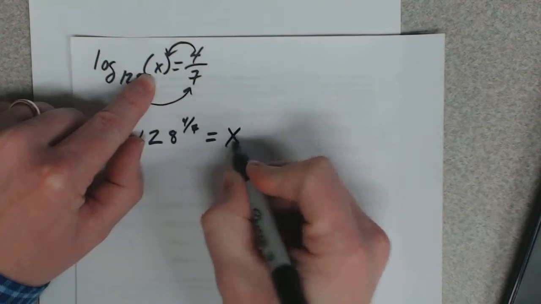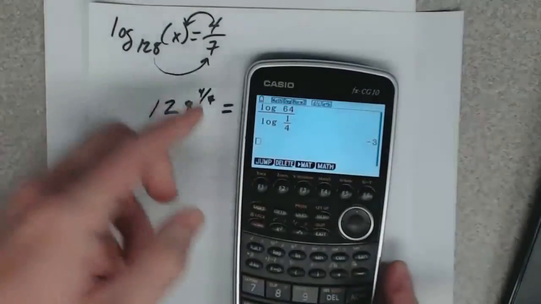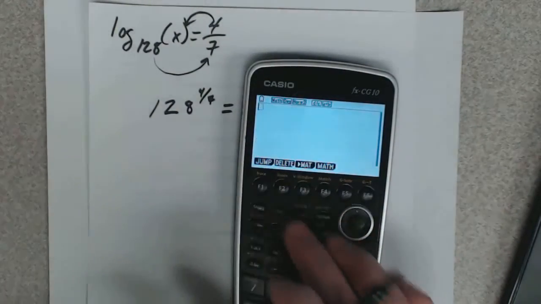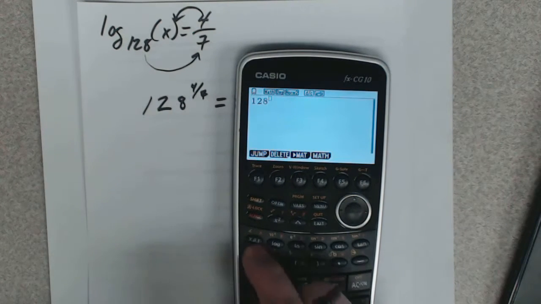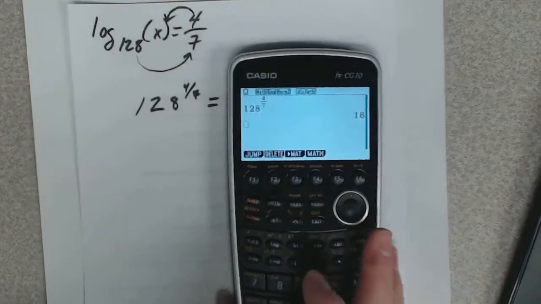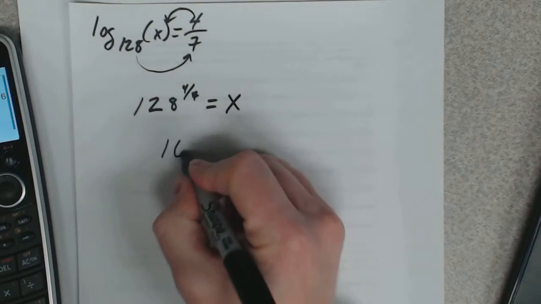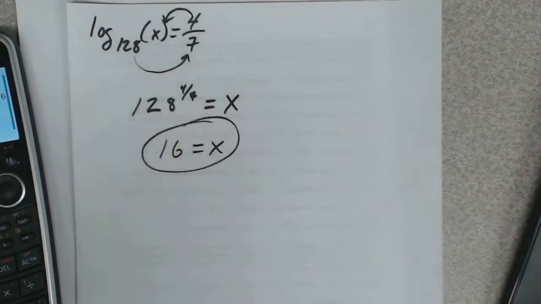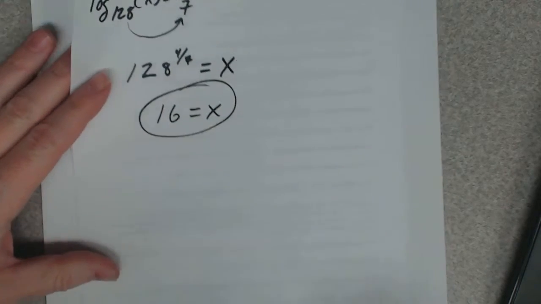Well, that's not too bad. 128 to the 4/7 power. I get 16. It's just that easy. I swear. Let me throw you off. Let's try another one.